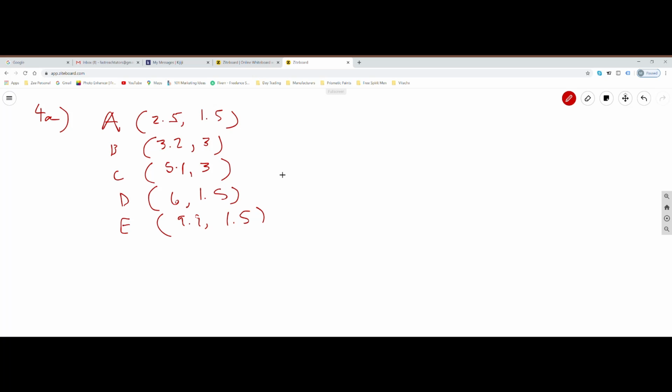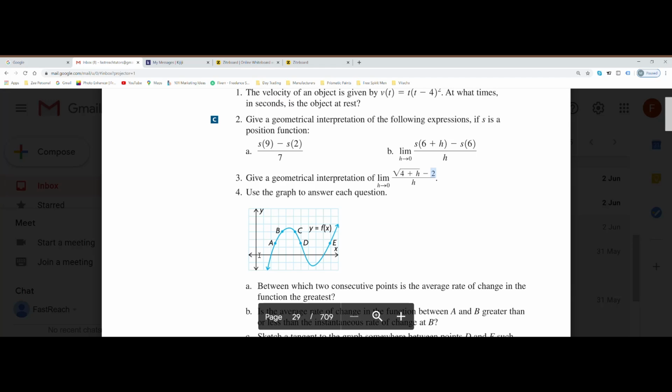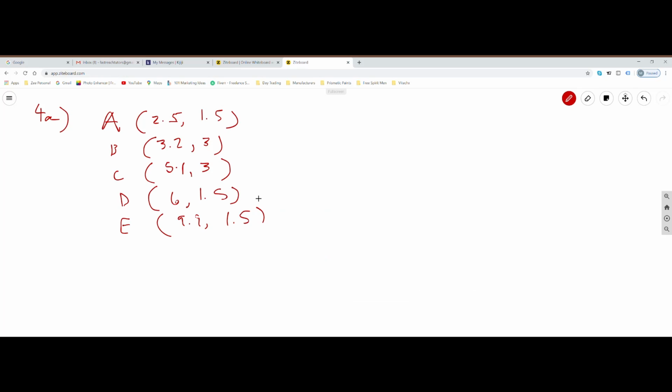So we need to find the slope between these points, because they want us to find it between two consecutive points. So we need to find the slope between B and A, C and B, D and C, and E and D. So let's do that.